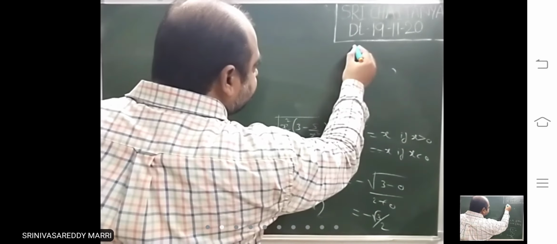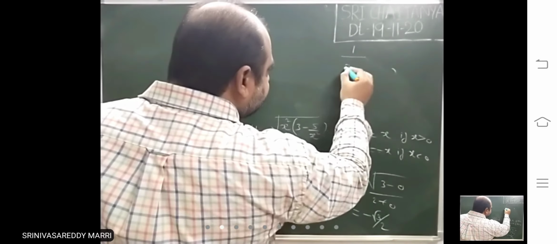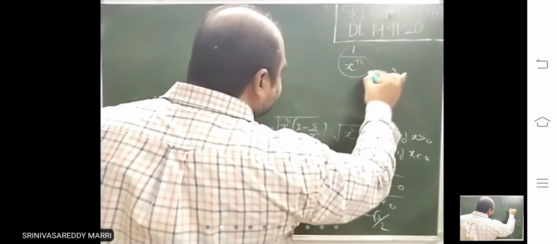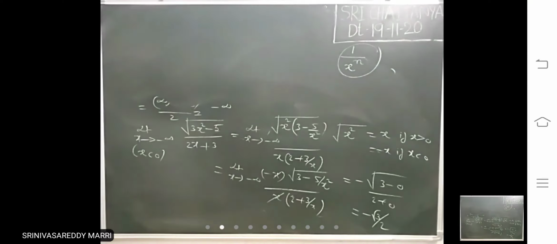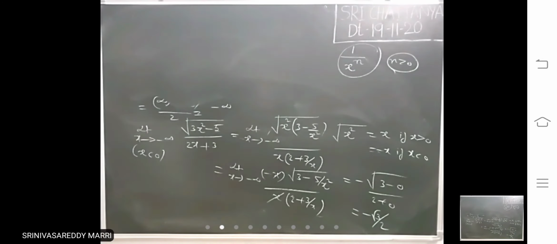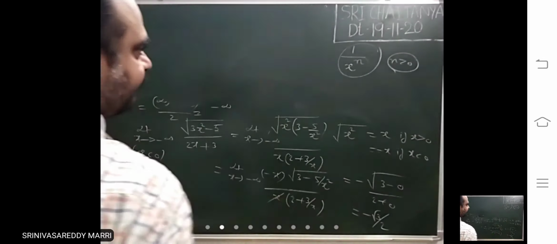Whenever it is an infinity problem, you have to convert, like when the given function is 1 by x power a positive quantity, then it will become 0. Our target for the problem is converting everything like that. This will become 0, 1 by infinity.